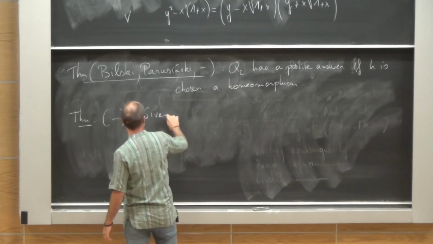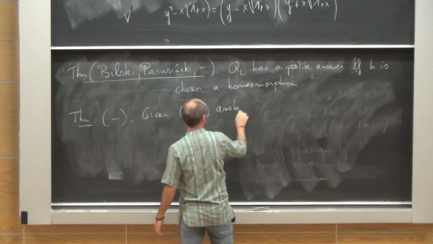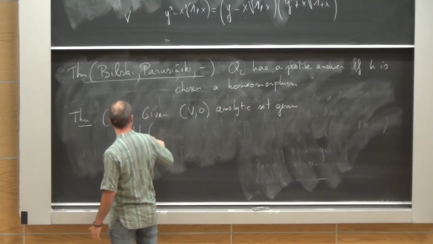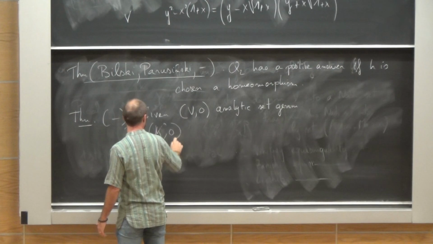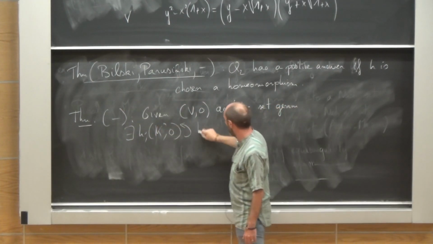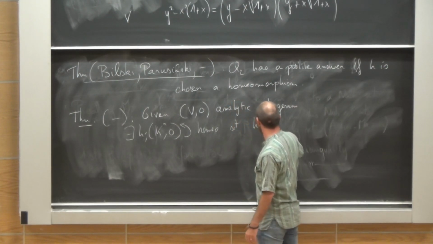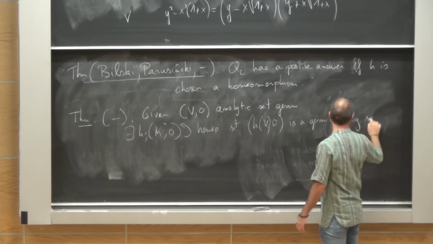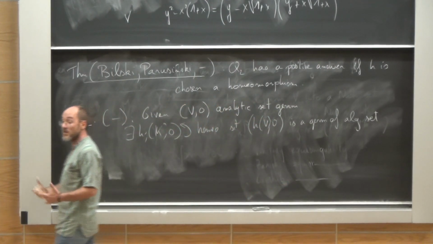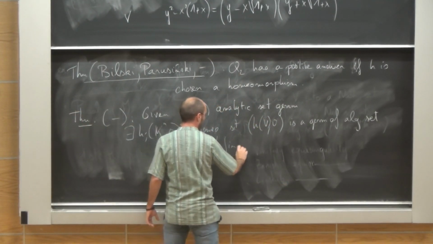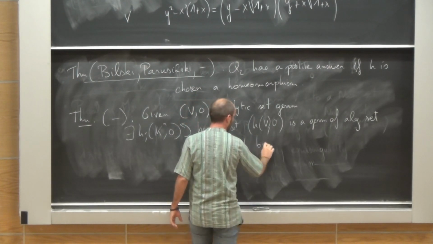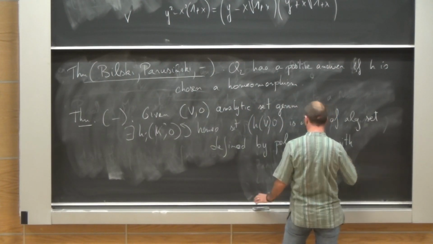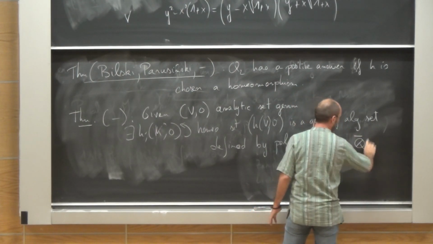Given V, an analytic germ, there exists H, a germ of homeomorphism, such that H of V is a germ of an algebraic set defined by polynomials with coefficients in Q bar of x1, ..., xn.